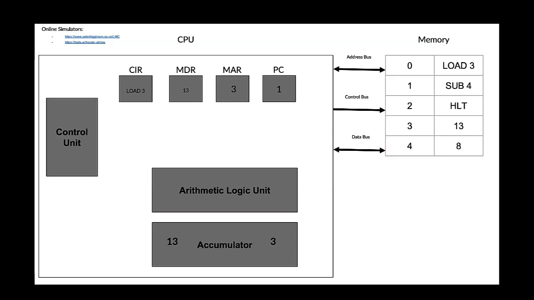The sub 4 is being copied to the MDR, and the next instruction, which is located at memory address 1, is loaded. As I mentioned, sub is the operation, and 4 is the location of the data to be operated on.